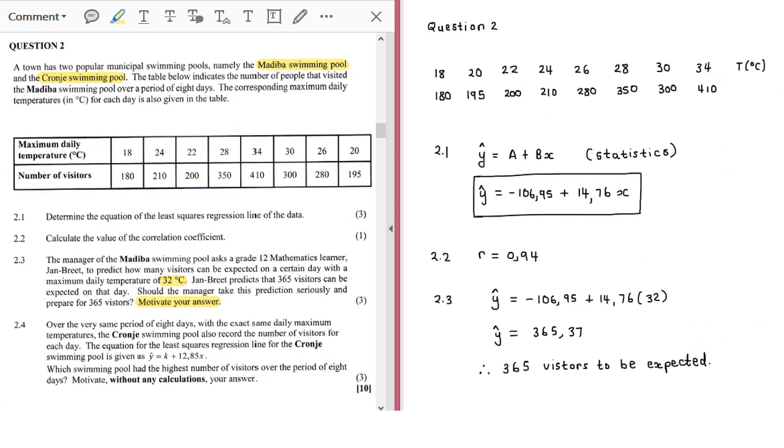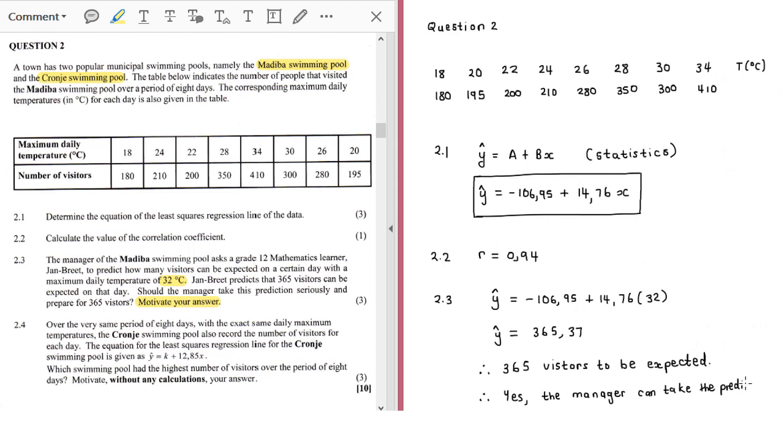All right, we can now say yes, so therefore yes, the manager can take the prediction seriously.